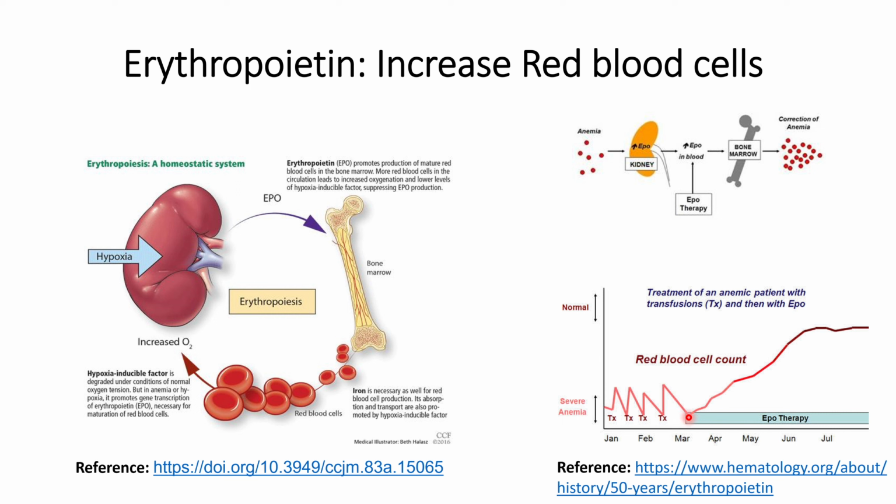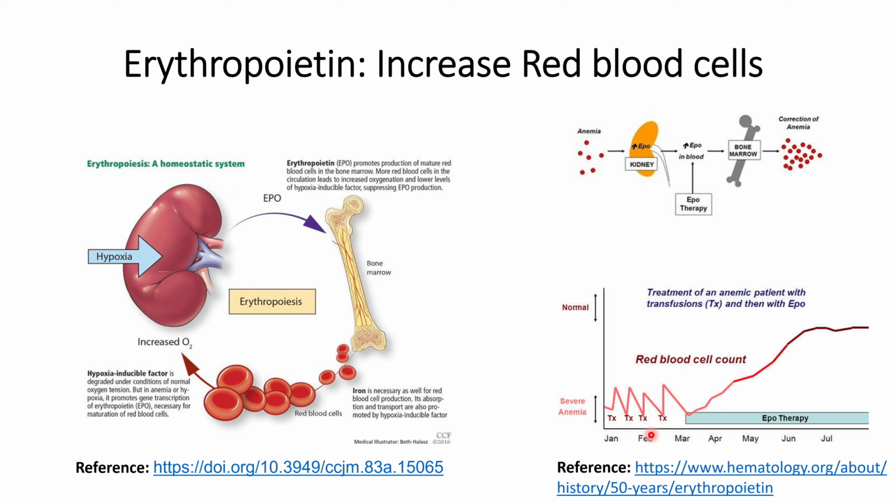And the amount of erythropoietin required is also low compared to the red blood cell transfusion required in the previous therapies. So after epotherapy has been established, the red blood cell count within the body increases tremendously, and they no longer need frequent epotherapy as compared to the transfusion therapy.